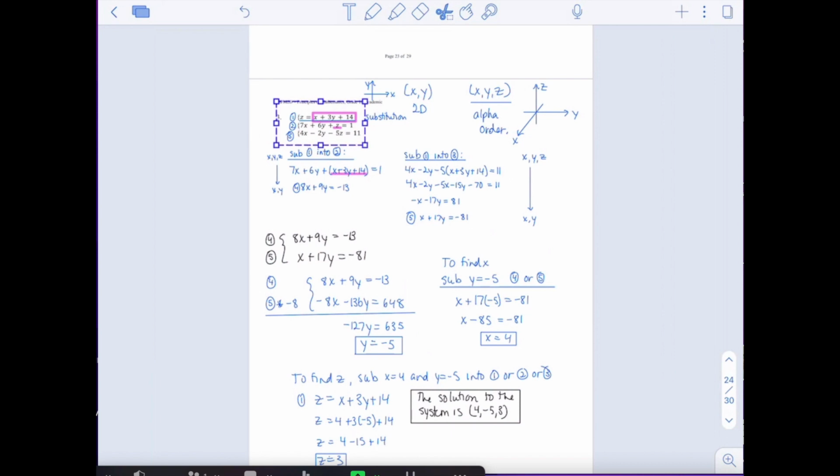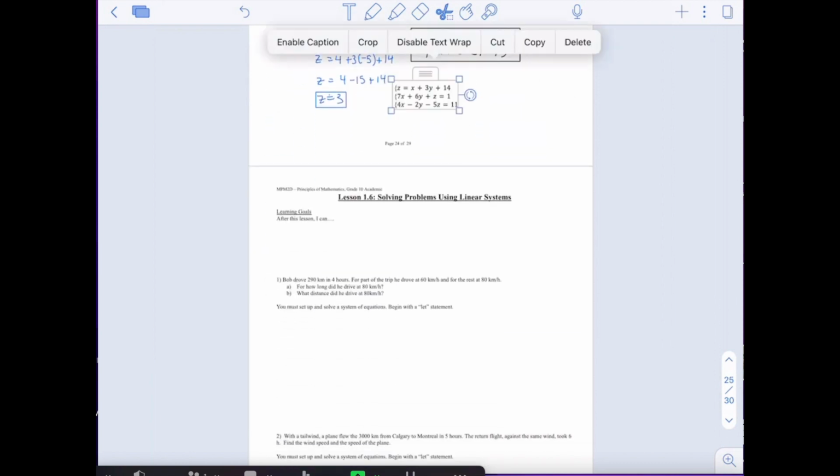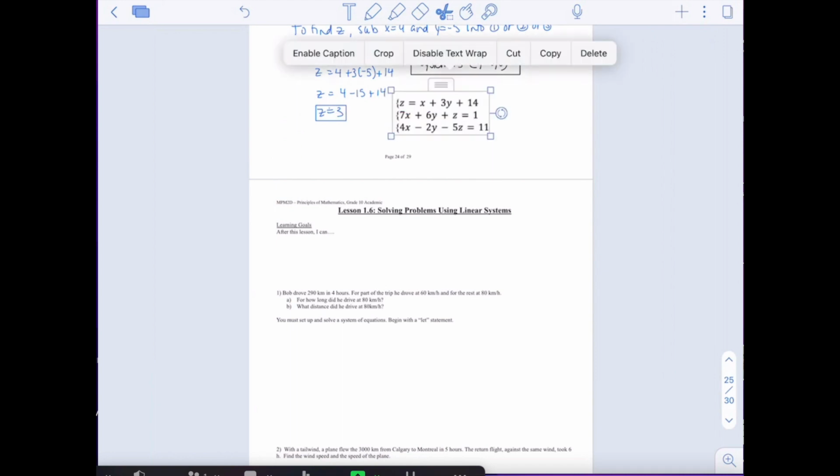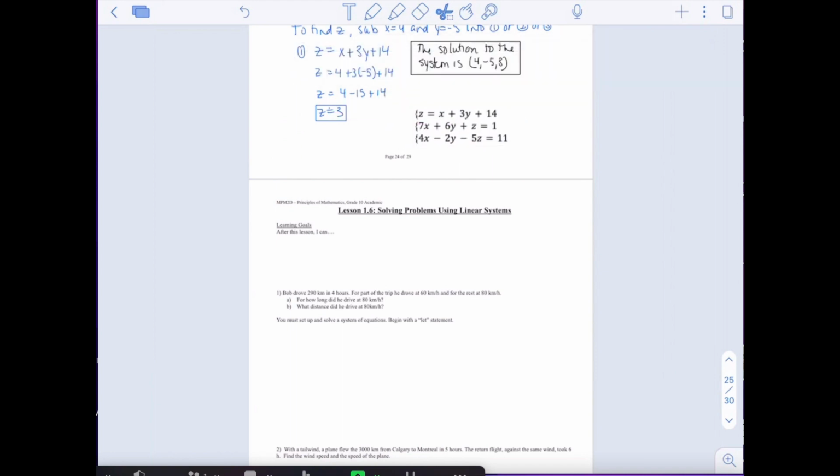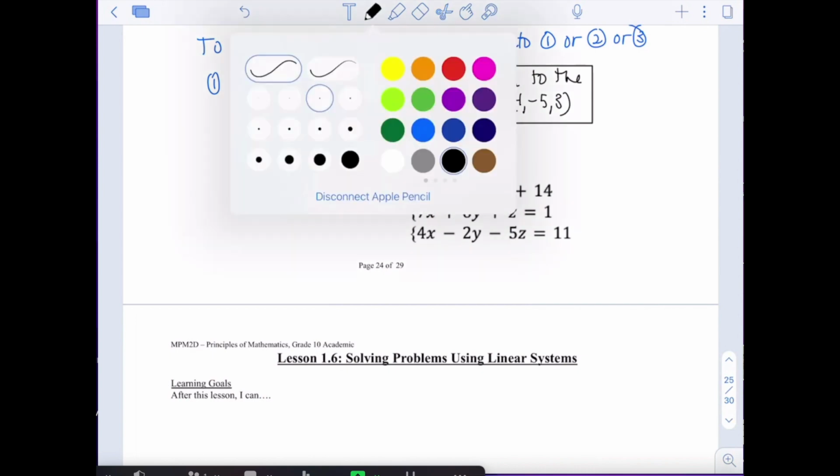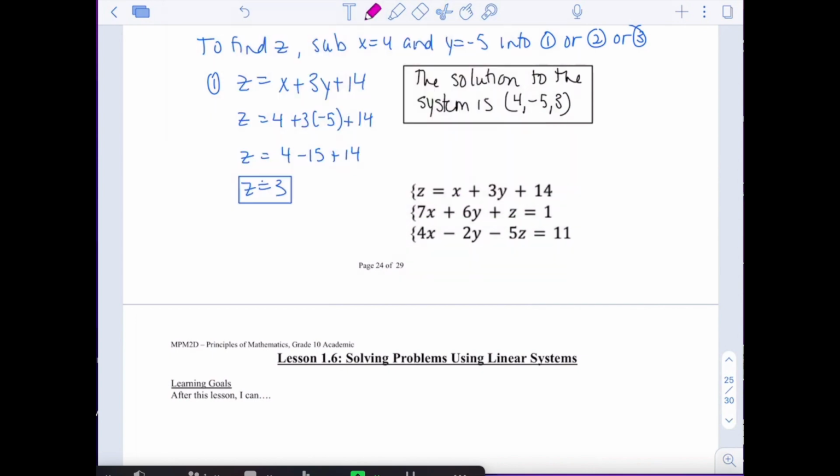Let's check to see if this works. I'm going to sub in x, y, and z values here really quickly. So 3 equals 4 minus 15 plus 14. This is 4 minus 15.